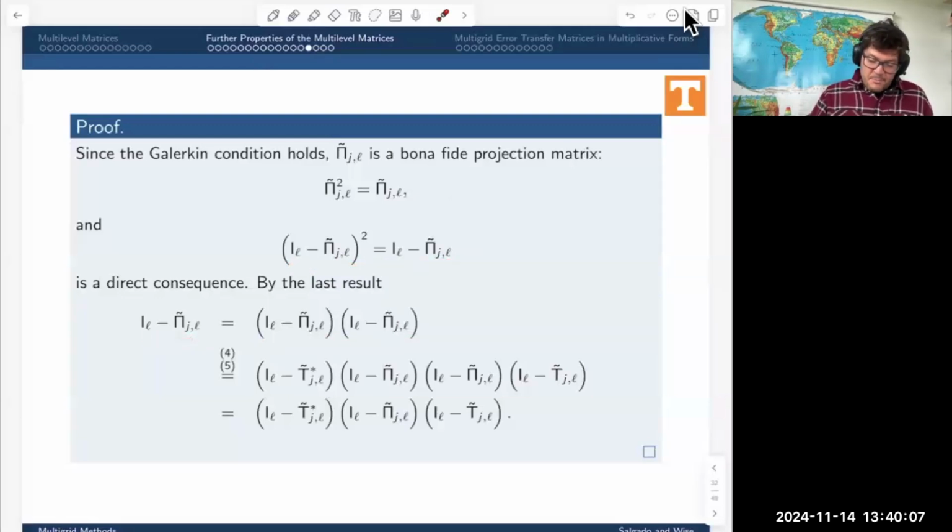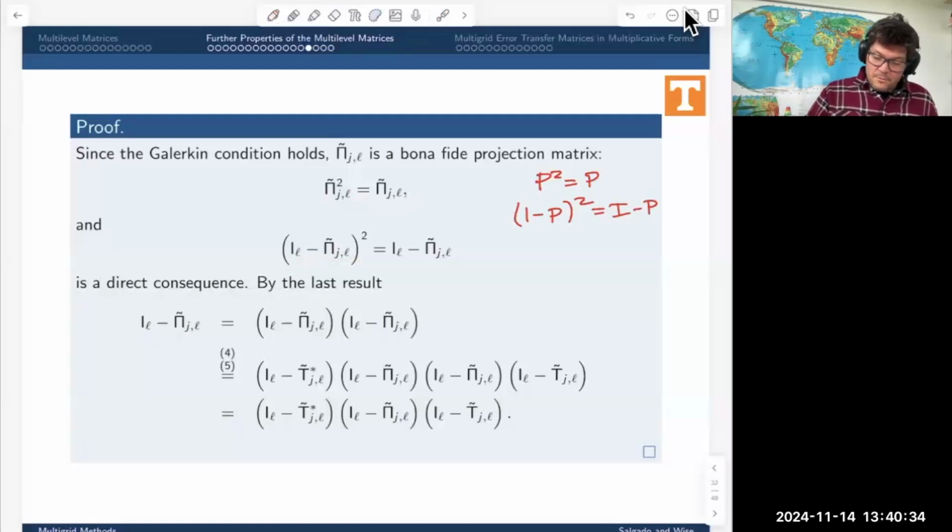We said that the coarse grid Ritz projection matrix is a projection matrix, and therefore I minus that matrix is also going to be a projection matrix. In fact, that's a general theorem. If I know that P squared is equal to P, then I know that I minus P squared is equal to I minus P.